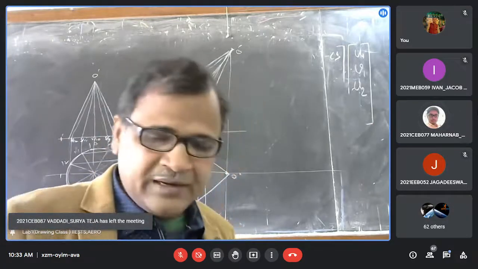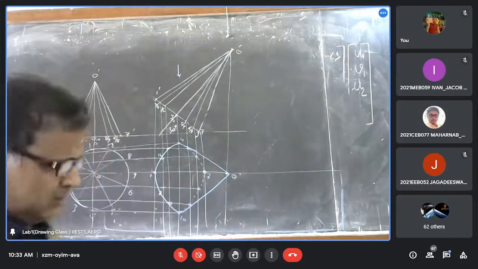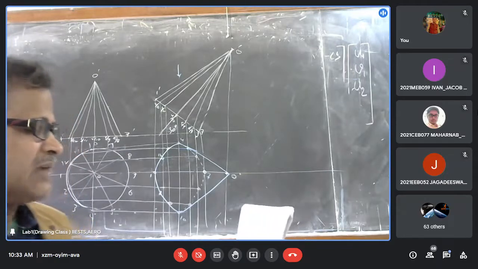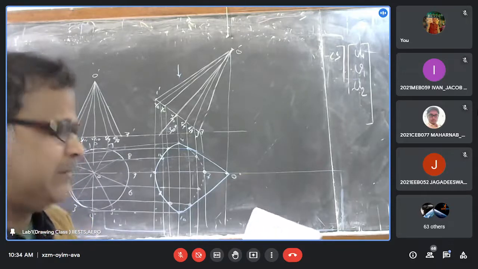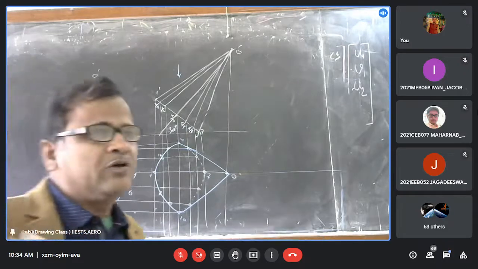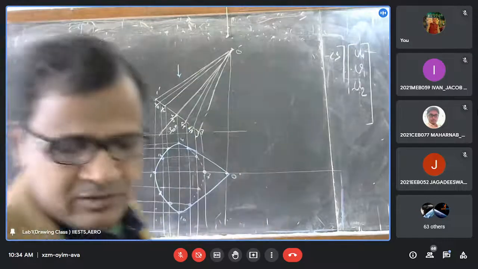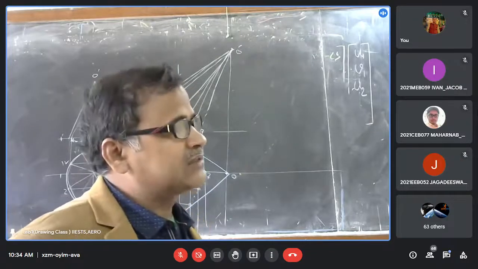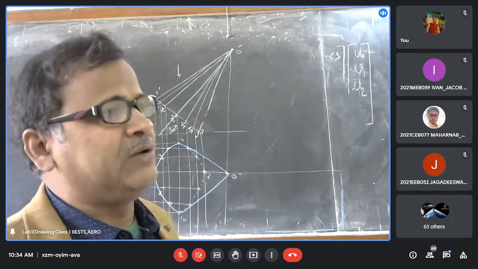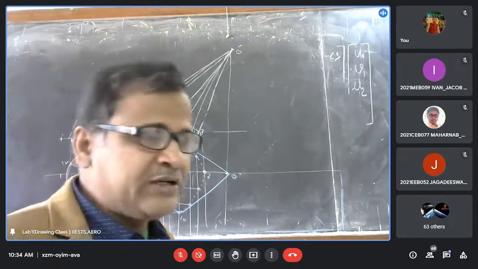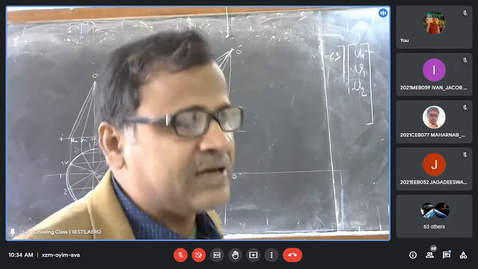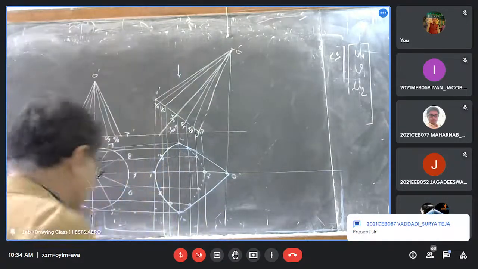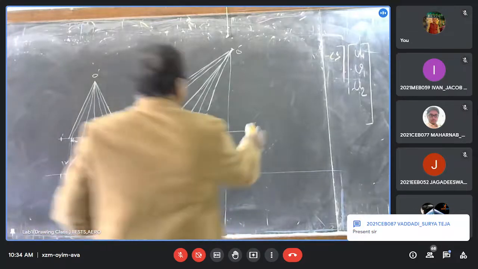Now part one. What is it telling? In part one, it is telling the axis making an angle with HP of 45. If we compare this problem with the straight line problem, where the straight line makes an angle of 45 degrees with the vertical plane, and also the plane of that straight line makes an angle of 45, then what is the difference? Suppose we are considering only the straight line.